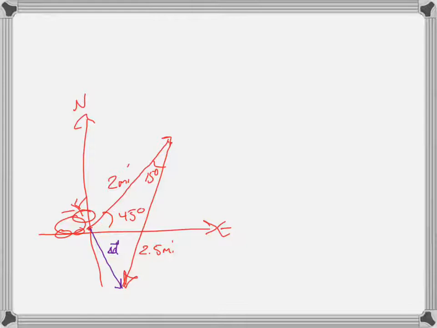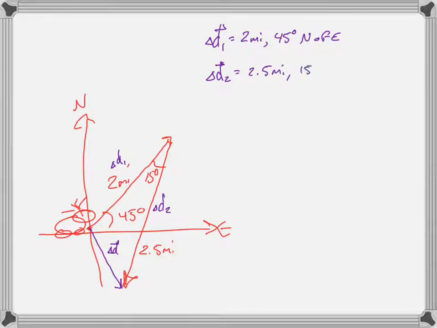So this is our first displacement vector. Delta d1 is 2 miles, 45 degrees north of east. Our second displacement vector, delta d2, is 2.5 miles, 15 degrees. 15 degrees what?